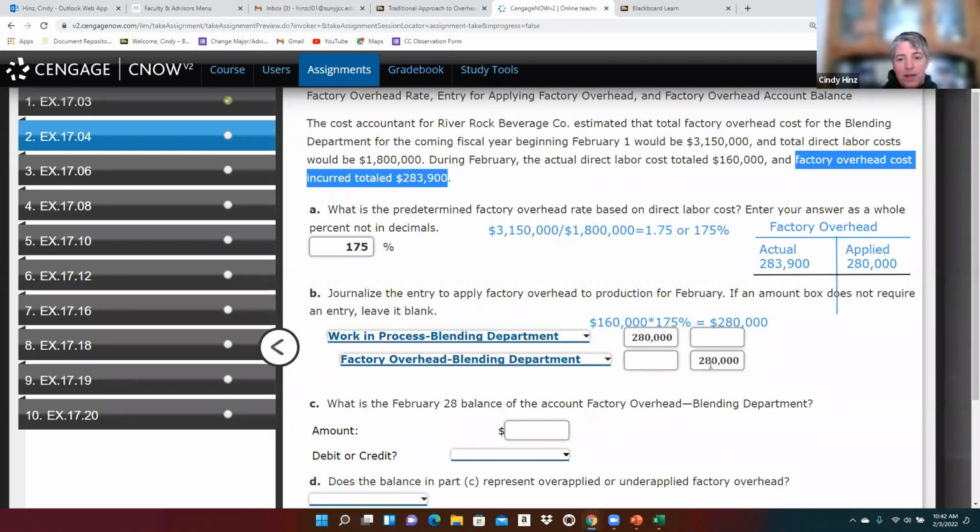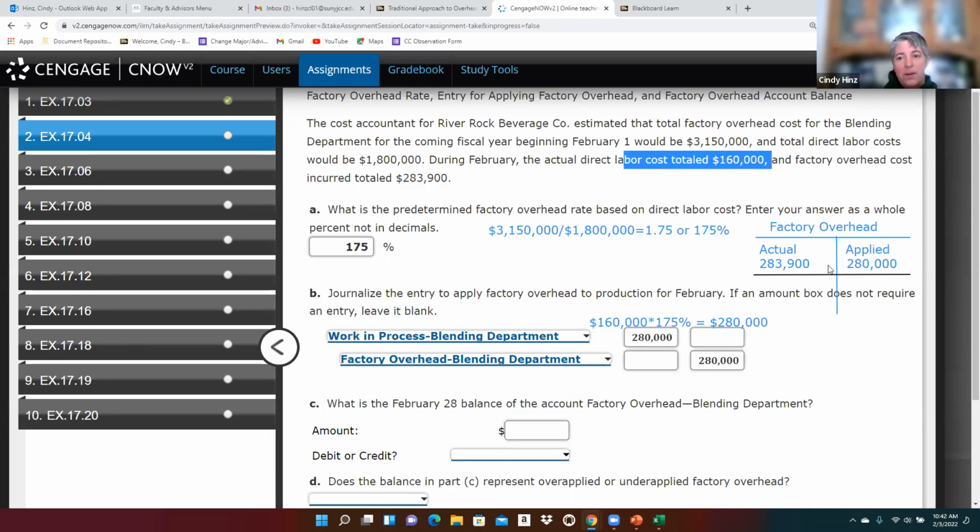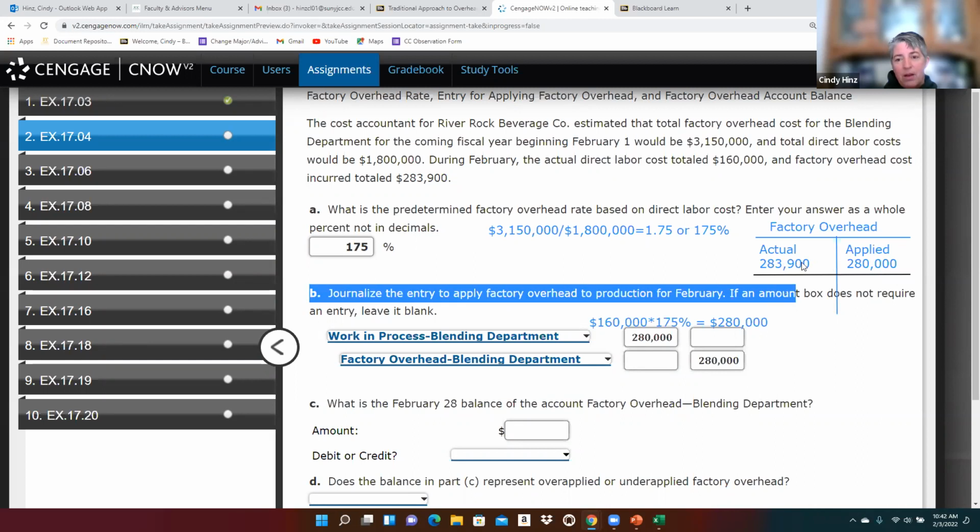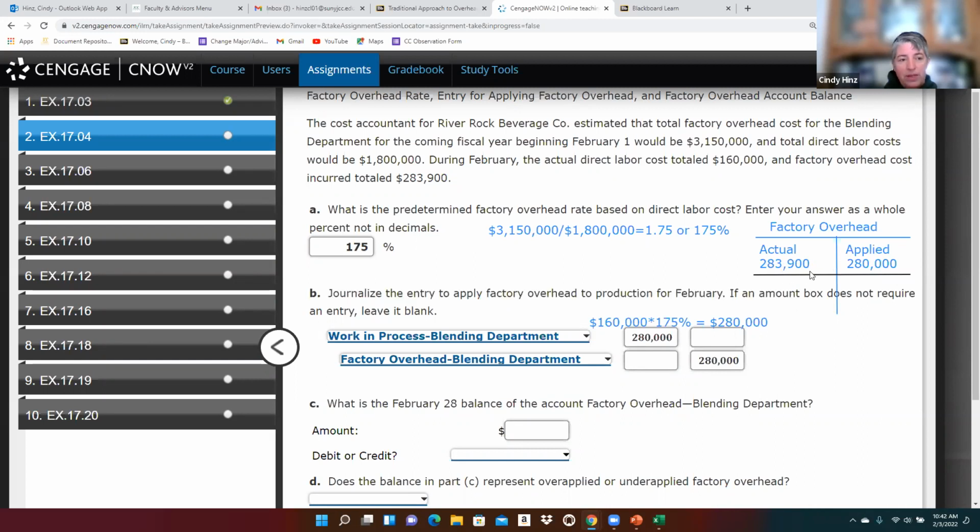The costs that we applied out of the overhead account are based on the direct labor cost, but it's not this 160,000. It's our estimate of this 283,000. So those are total. That 160,000 in actual direct labor, we did not journalize here. That would go directly from wages payable into work in process.